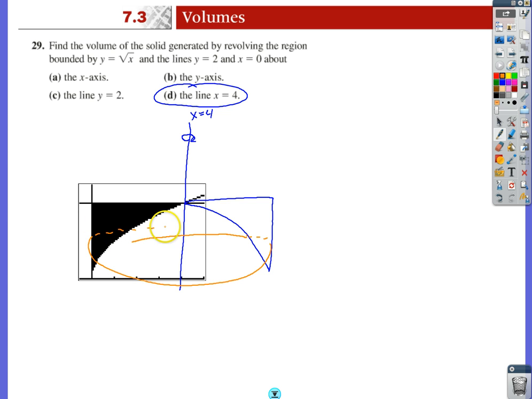That's better. Get a little eraser here. Can't be perfect all the time. And then I got to get my ring part comes here.